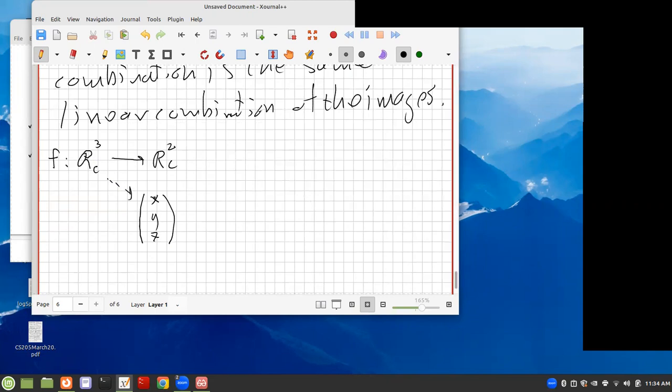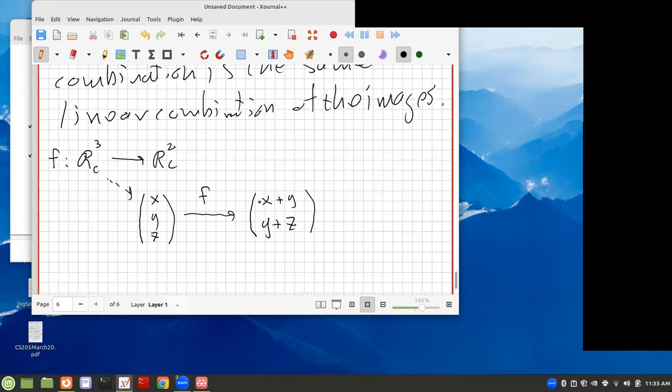So X, Y, and Z can be any numbers. And we say this has to go under F to some element of R2. So it's going to have two components. It could be, for example, X plus Y and Y plus Z. Okay. So here's a map. It says for anyone here, we can show it's a map. And the question is, I'm telling you it's a map.